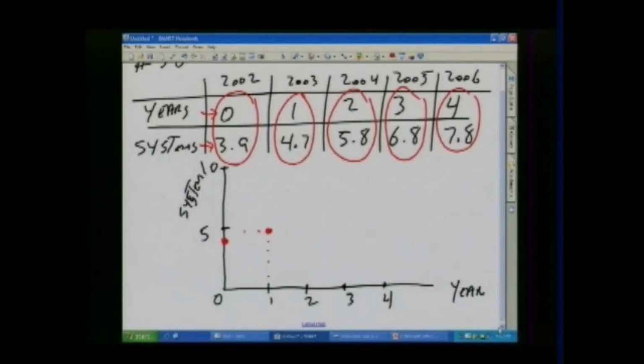Next is 2 and 5.8, probably about here for 2. Next, 3 and 6.8, lower than 7.5. I'm just estimating where it would be. Four and 7.8 would probably be about here.